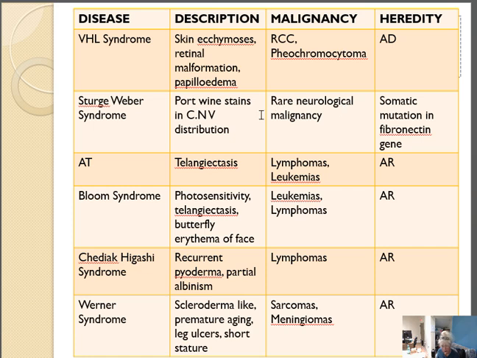It's a rare neurological malignancy. You have a somatic mutation in the GNAQ gene. So cranial nerve 5, right? You have your olfactory nerve, your optic nerve, your oculomotor nerve, cranial nerve 4, and you have your facial nerve.